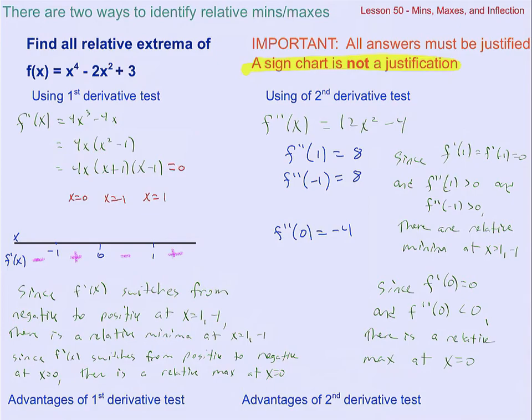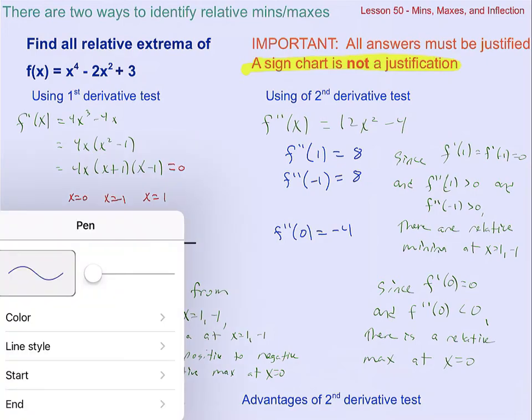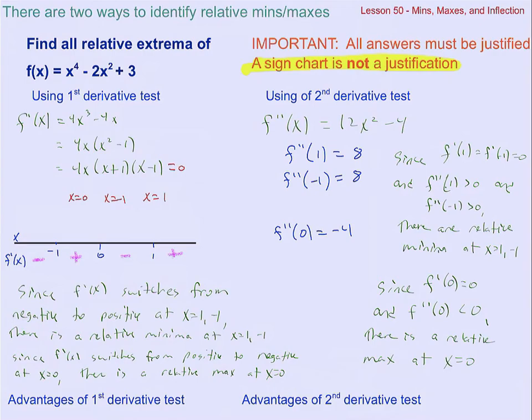Just a quick note about the language of the problem here. The question asked me to find the relative extremes. That means find the relative mins and find the relative maximums, which means it really does want the y values also. So just be careful about that. If it asks for the maximum value or minimum value, it specifically is asking for the y value.